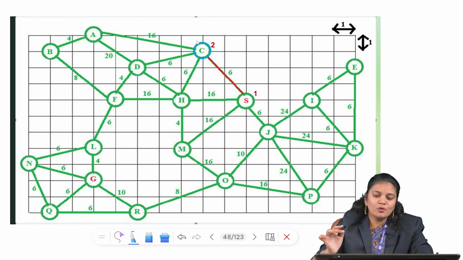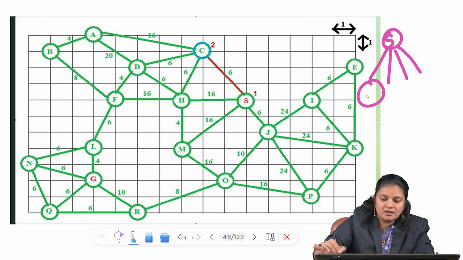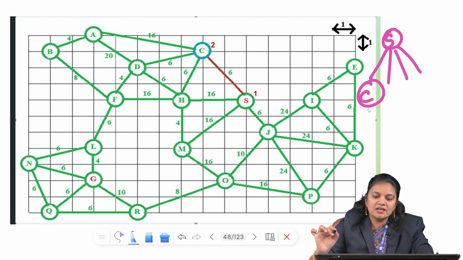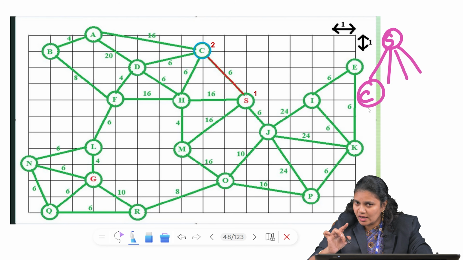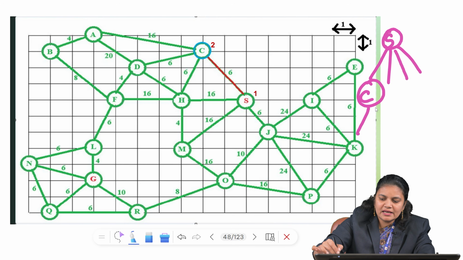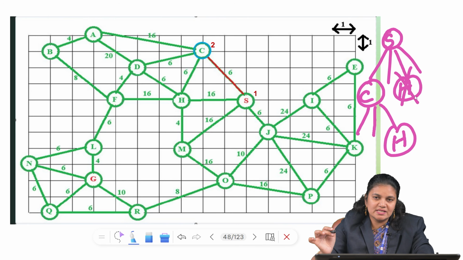Now again we have to move to the next depth. S was there, 4 children were there, but we visited only C and we are exploring C. C has 3 children, A, D and H. We have to keep note of one thing. All the 3 can be drawn here. Even though H is already here, we can have H over here because this H is not yet visited.